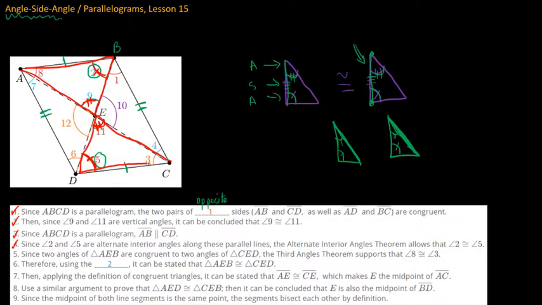So the third angle theorem tells us that if two of the three are congruent, then you can assume that the third one is as well. Now remember, this doesn't mean that the triangles themselves are congruent. There's no angle, angle, angle postulate. But then they say, therefore, using the blank, it can be stated that triangle AEB and CED are congruent.